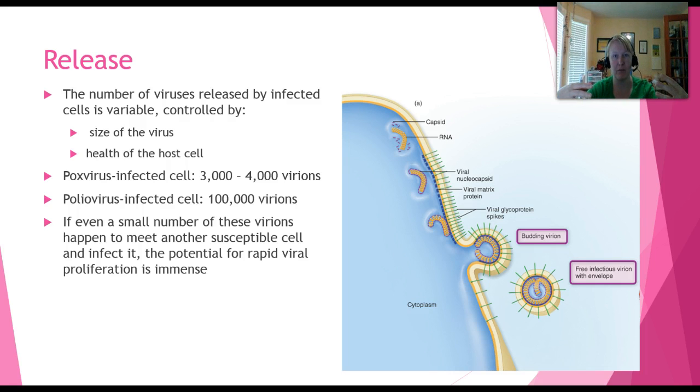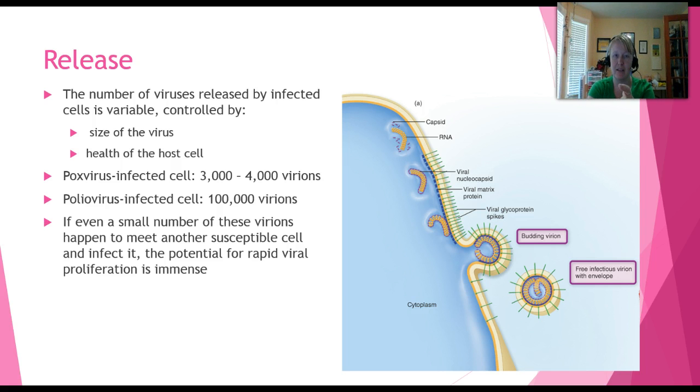So this is how viruses will spread within the body. Let's take a moment and review our steps. We have absorption. This is where the virus will find cells that have the right lock for their key. We have penetration and uncoating. This is how the viruses are brought into the cell, either through envelope fusion or through endocytosis.